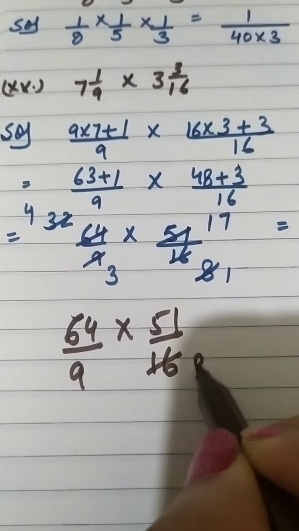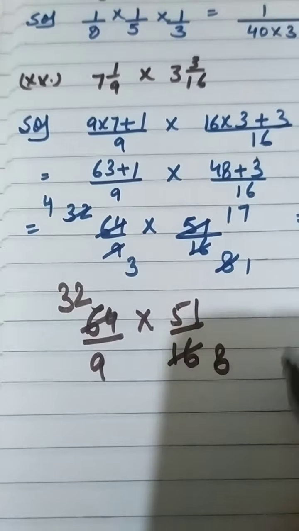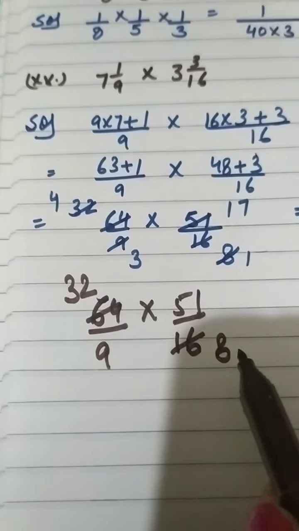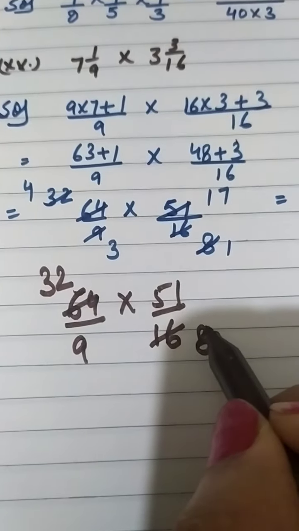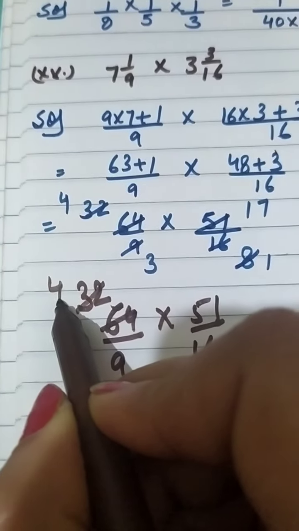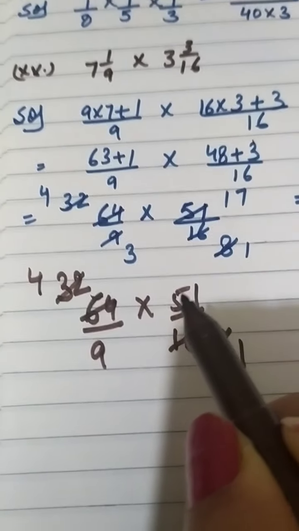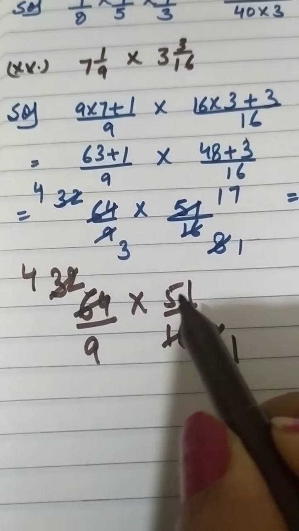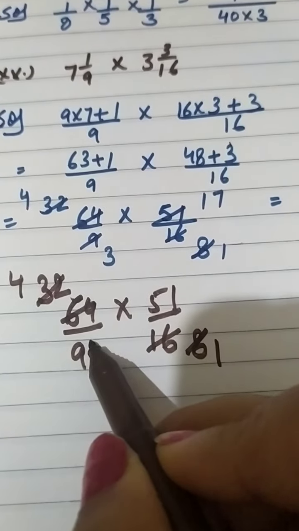So 2 8s are 16, 2 3s are 6, 2 2s are 4. Again this is going by 2, but you can see that 8 4s are also 32, so you can cut here directly. 8 1s are 8, 8 4s are 32. And this is going by 3, because you know 5 plus 1 is 6, and 6 is divisible by 3, and this 9 also.